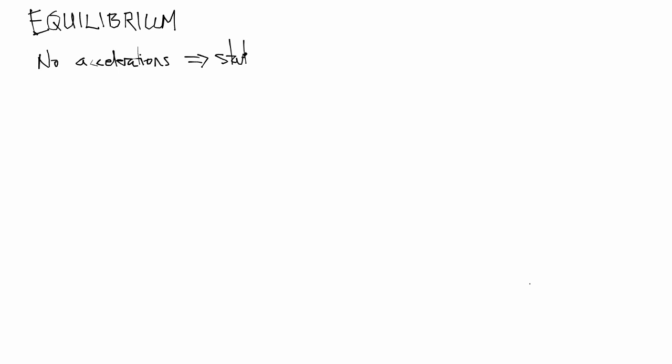So a special case of motion is the case when there are no accelerations for any of the particles in the system, and such a body is said to be in static equilibrium.